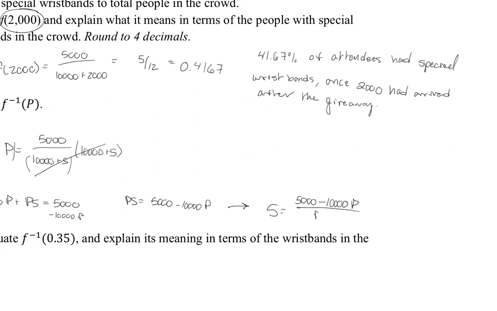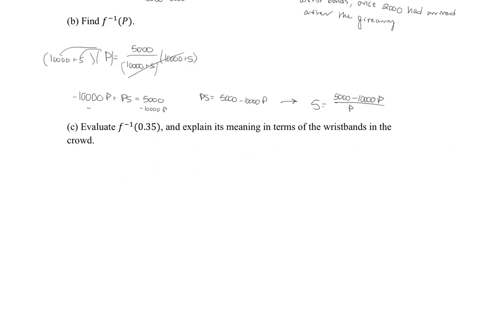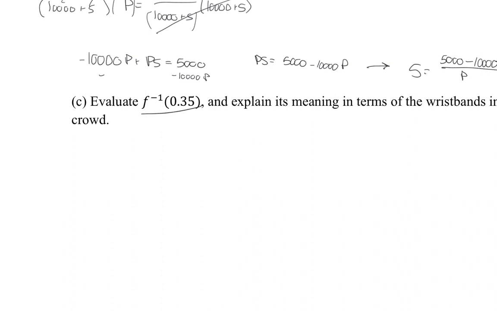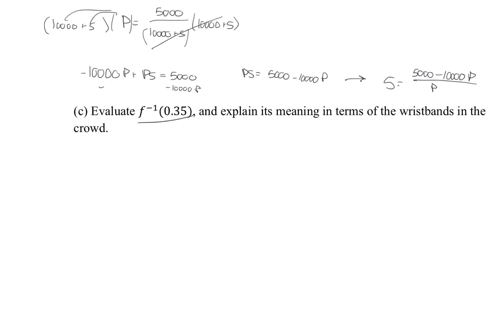P over P. And then finally, for part 3, we're asked to evaluate F inverse of 0.35, which is going to be 5,000 minus 10,000 times 0.35 over 0.35.